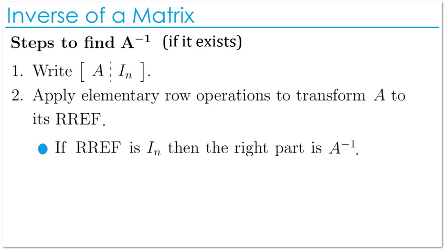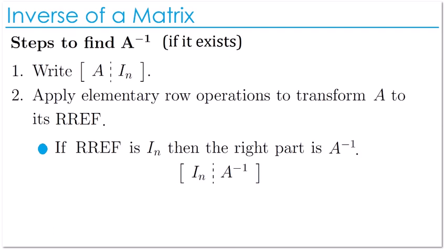If the obtained RREF of A is the identity matrix I sub n, then the right part is A inverse. That is, the matrix of this form from step 1 is now of the form I sub n in the left part, and A inverse is on the right part.